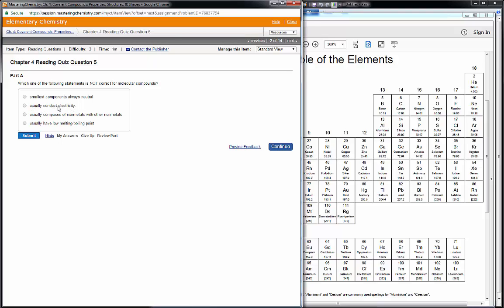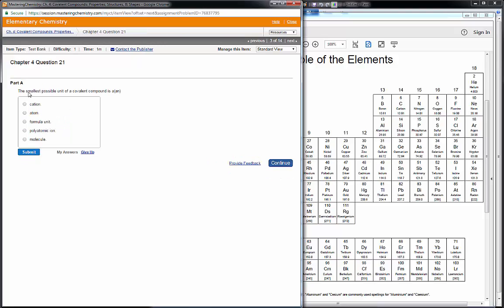That's true of metals, and that's true of water if I have ionic compounds dissolved in it. But it's not so true for molecular compounds. And this is what we just said on our last problem. They have nonmetals with nonmetals, and they do have relatively low melting points and boiling points. So the smallest possible unit of a covalent compound or a molecular compound is the molecule.